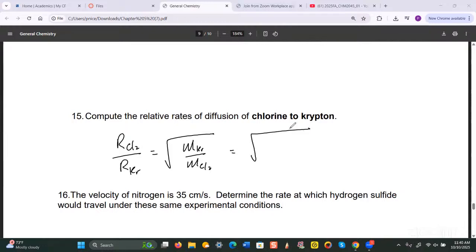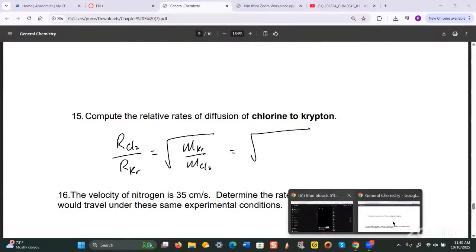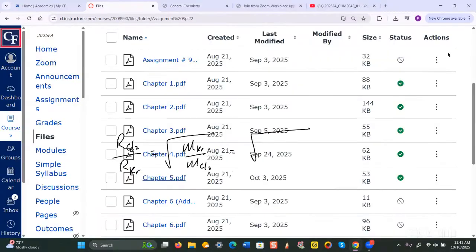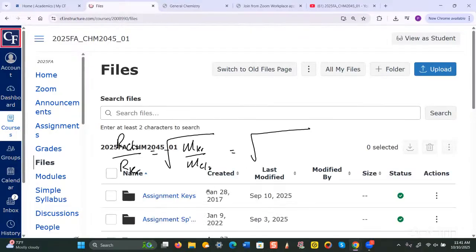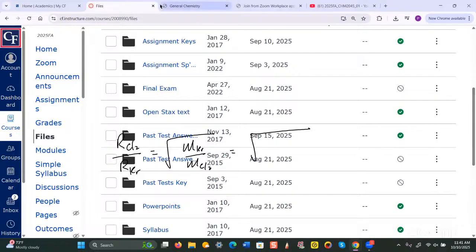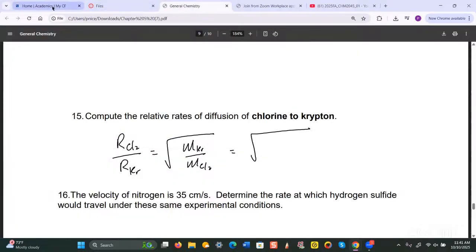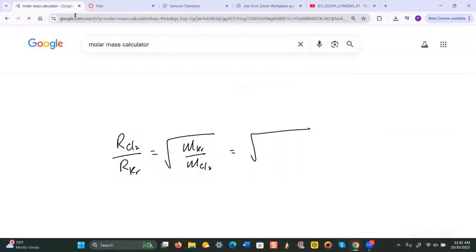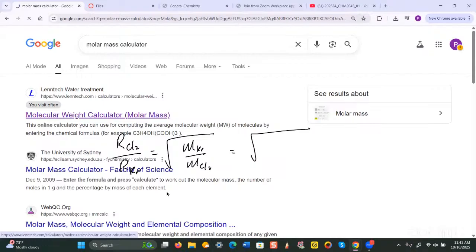So we go to the periodic table. Let me just look up the molar mass of krypton.